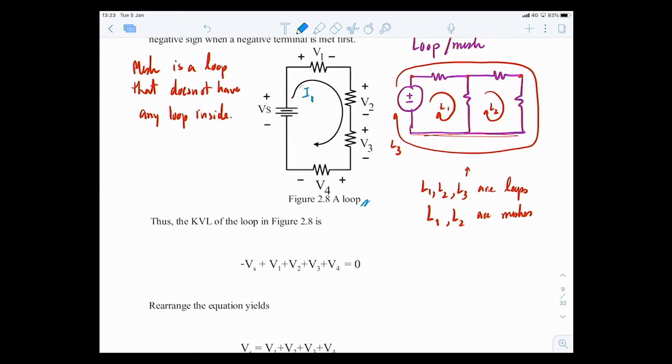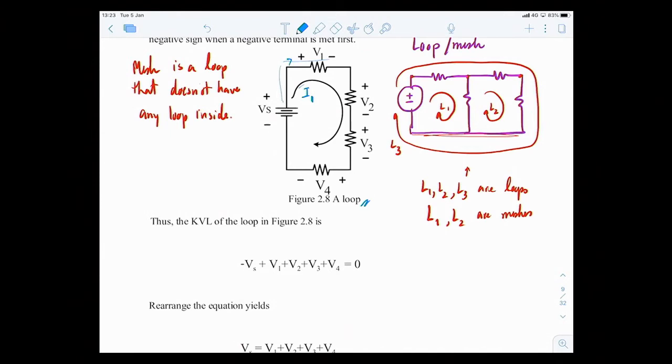Let's give it a name, I1. Current leaves the positive side of the source Vs, passes through the first resistor, resulting in a voltage drop, positive, negative. Current enters the positive side of the voltage drops V1, V2, V3, and V4.